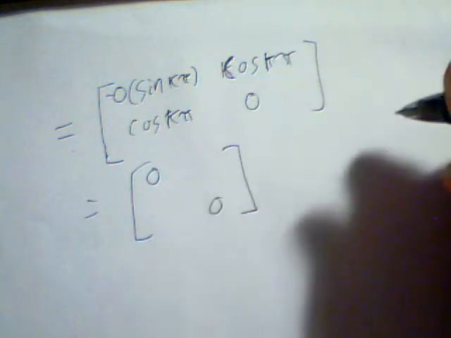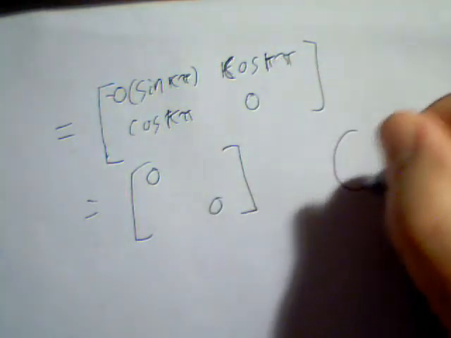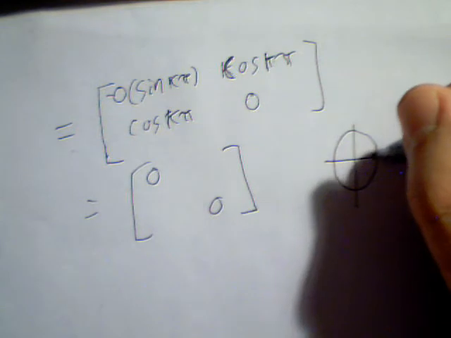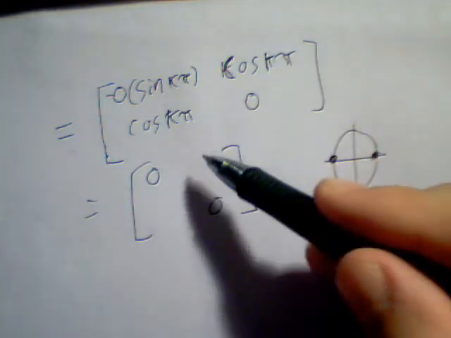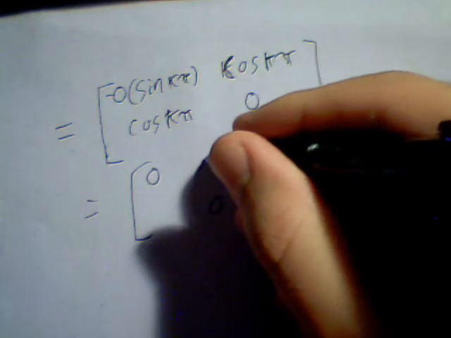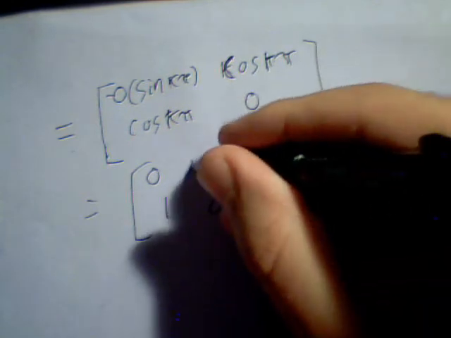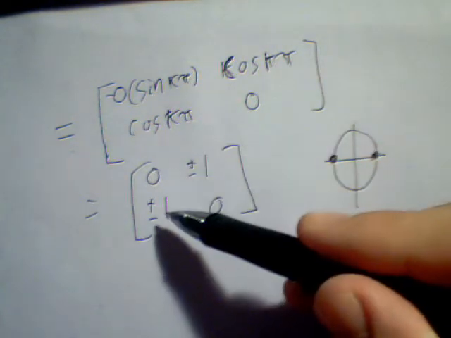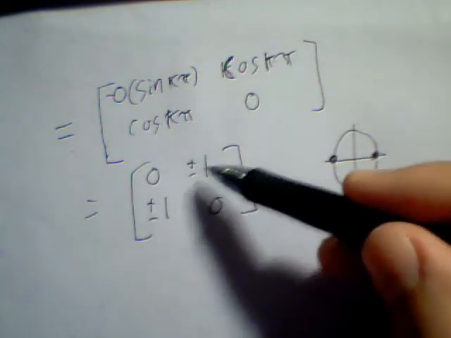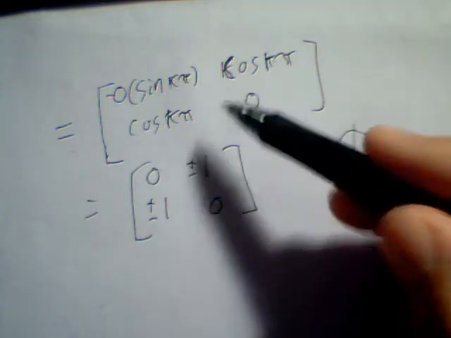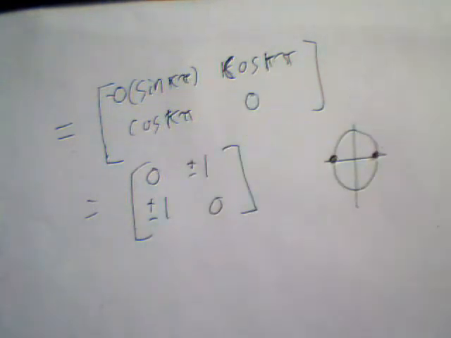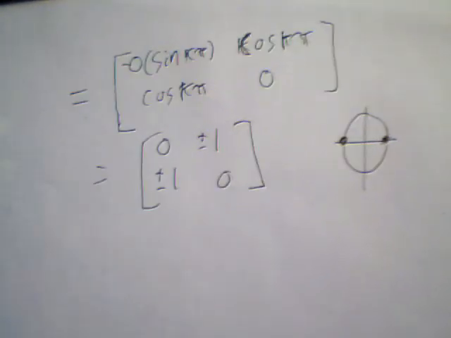If I'm on my unit circle, my k pi's are over here and over here. In either case, these are the same entry. It's either 1, 1, or negative 1, negative 1, so we'll do plus minus. But keep in mind these are the same sign, so it's either plus 1, or minus 1, minus 1. It's never plus 1, minus 1. That would be ridiculous. These are the same. Okay, so now, here's my Hessian. I've got two options.